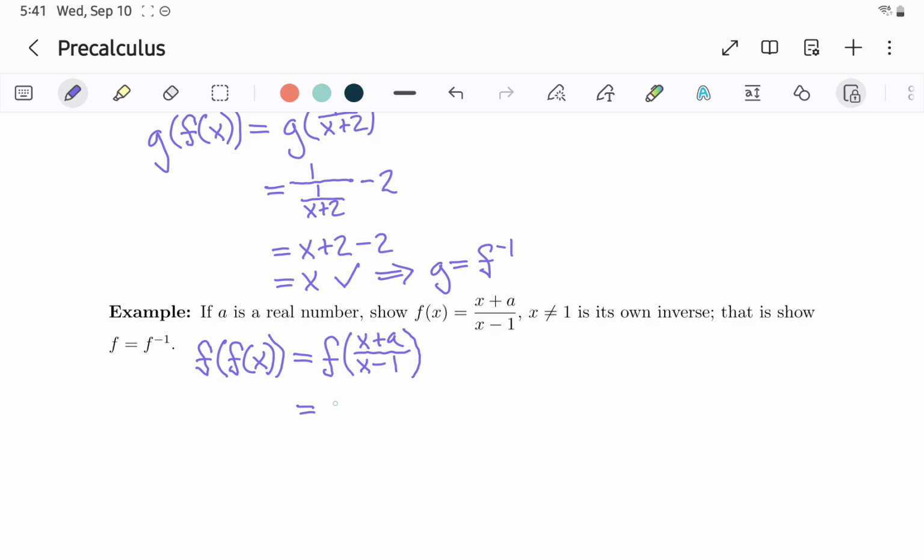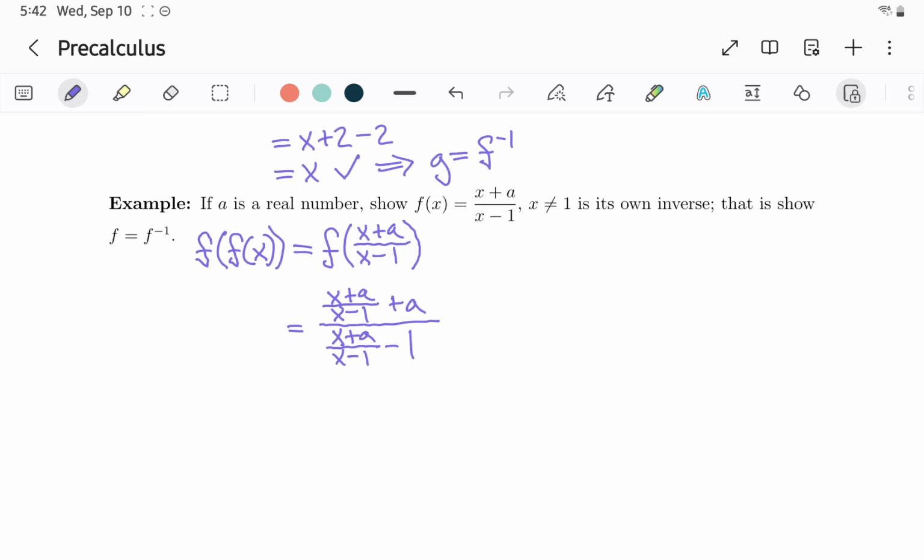So doing that, we are going to have x plus a over x minus 1, and then plus a in the numerator. That's just replacing this instance of x in the numerator with x plus a over x minus 1. And then doing the same thing in the denominator, we are going to have x plus a over x minus 1, and then minus 1.